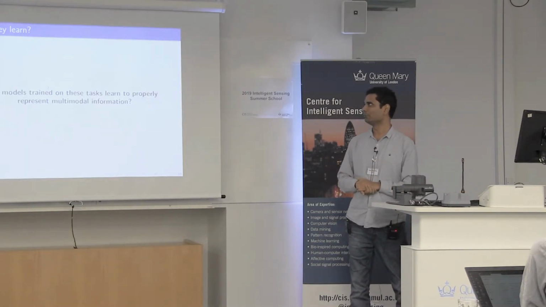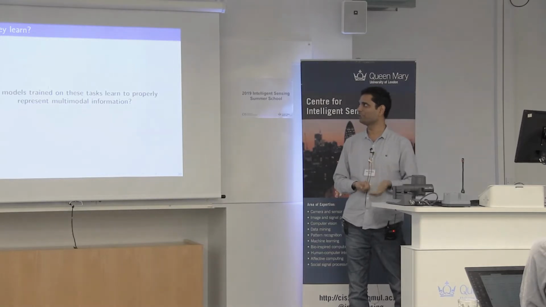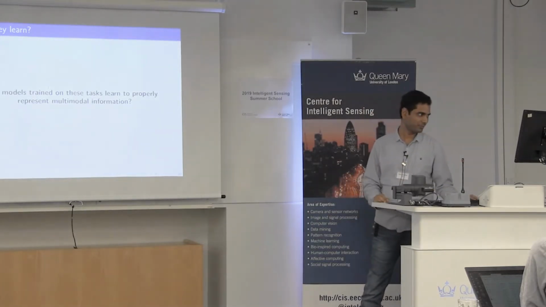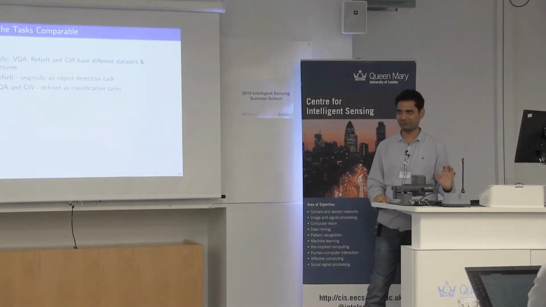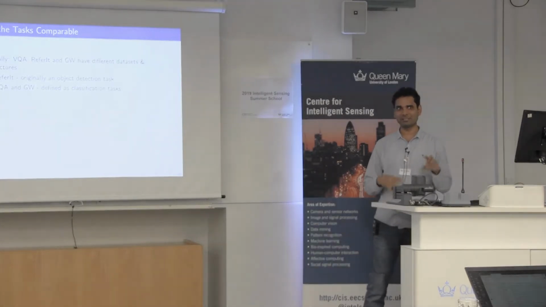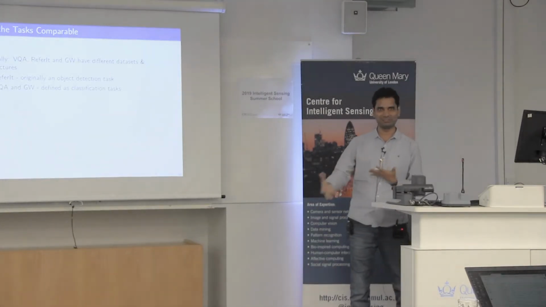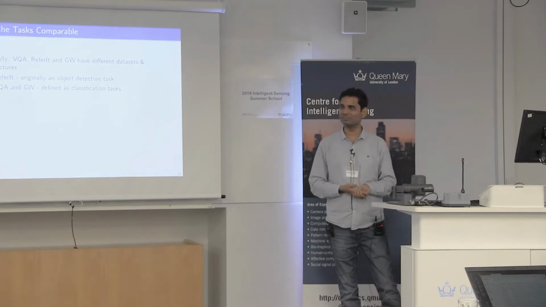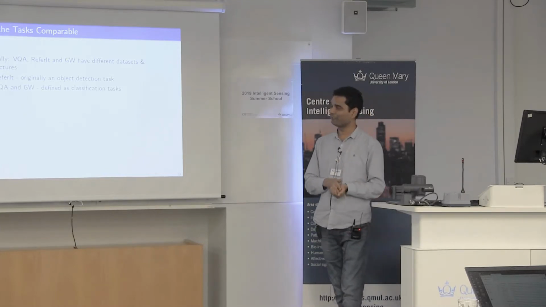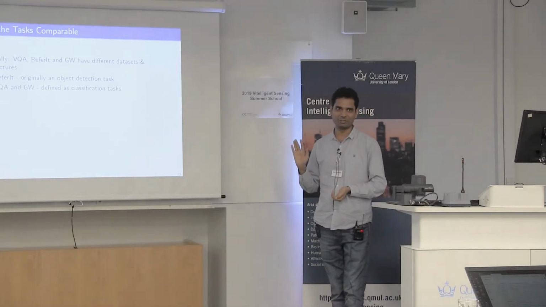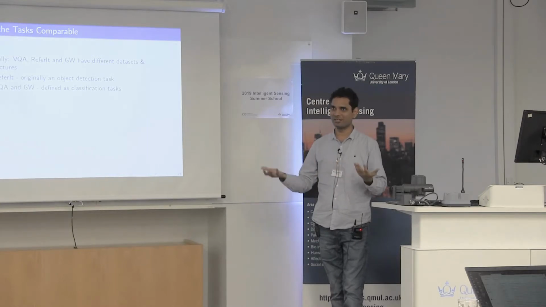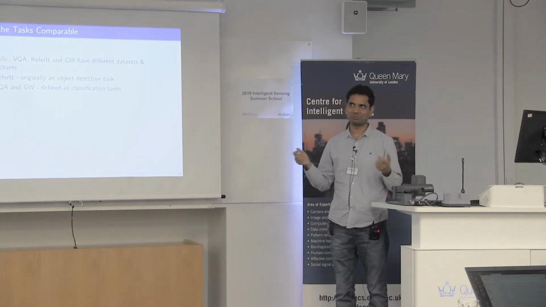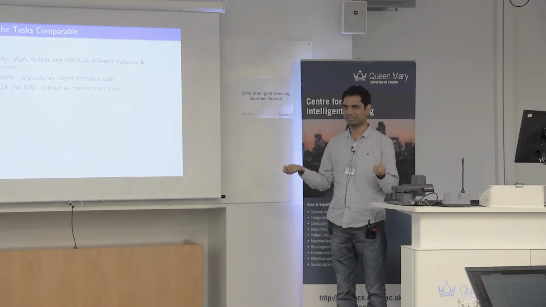Okay, so that's the question: do models trained on these tasks learn to properly represent multimodal representation? So how can we test that? There are some issues in testing those sorts of things. The first thing is that if we have to test across all the tasks, the datasets for these tasks are created differently.